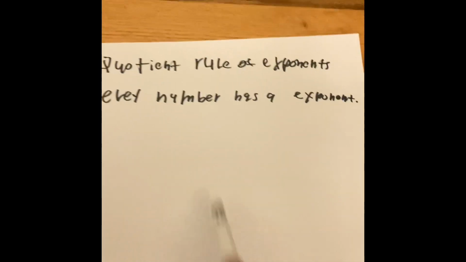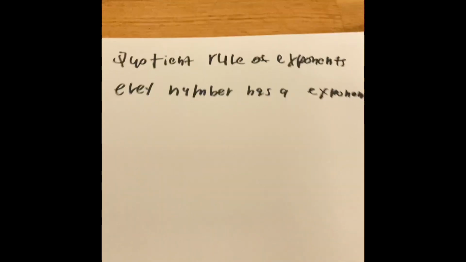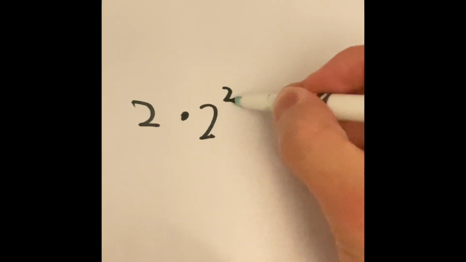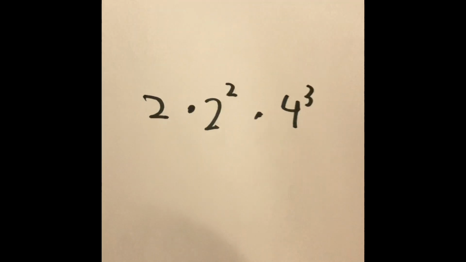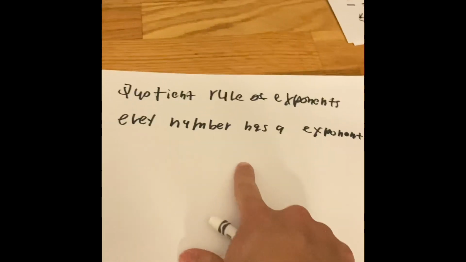Let's first see why every number has an exponent. If you ever solve these kinds of problems, what happens if you're given 2 multiplied by 2 to the second power, multiplied by 4 cubed? How do you find the answer? Well, the rule clearly states that every number has an exponent.